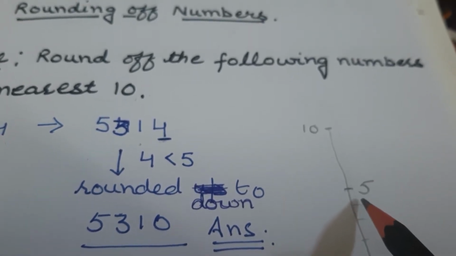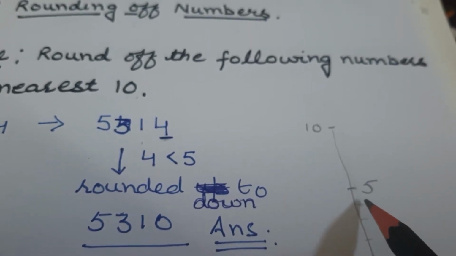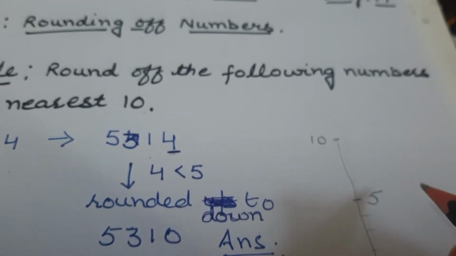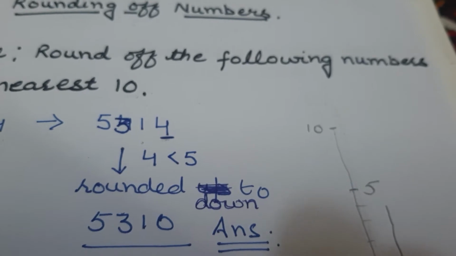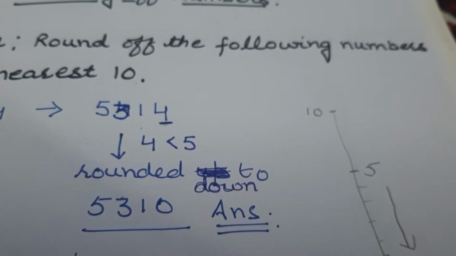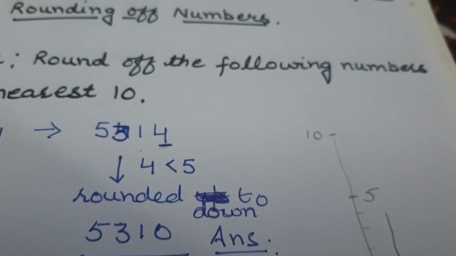Okay, if any digit last number is less than 5, then number will be rounding down.